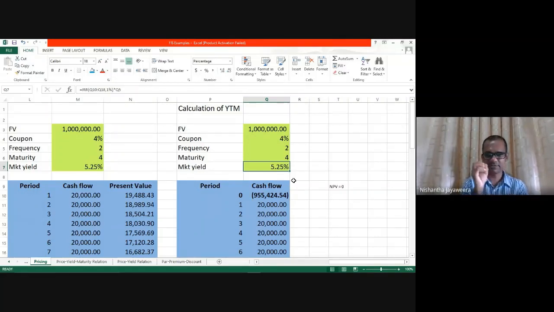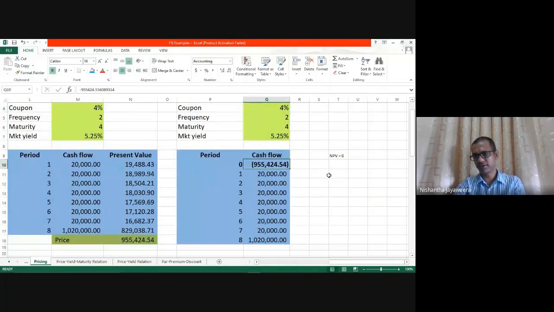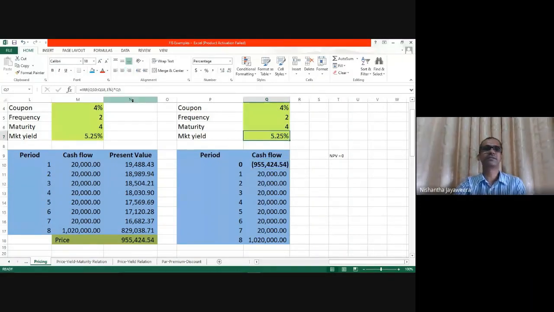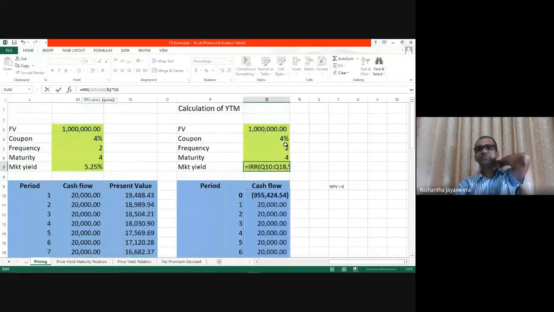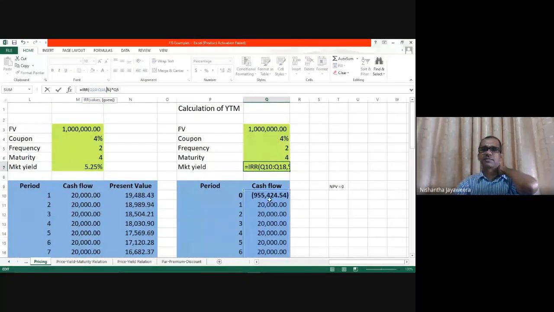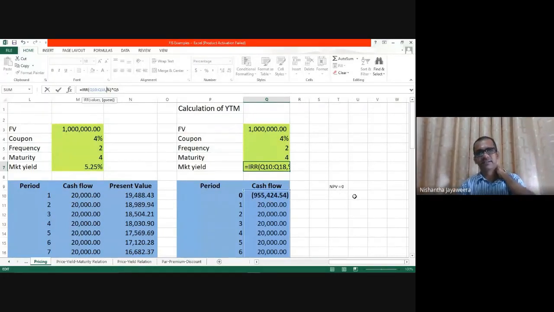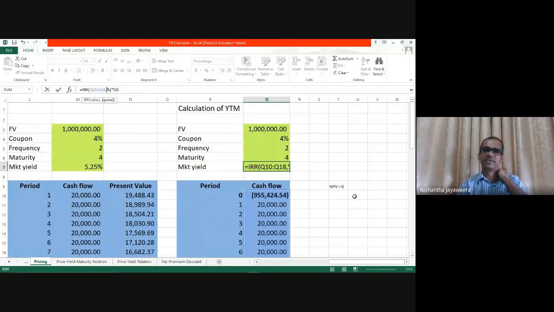To start with, we have to give a guess, but it's better if we can give a closer figure. Now we know the coupon is 4%, and the price is 955, less than par. So I should have given a rate more than 4%, because I know the coupon rate is 4%. It has a discount, so definitely the yield should be more than that.